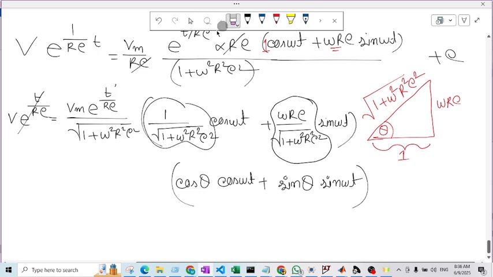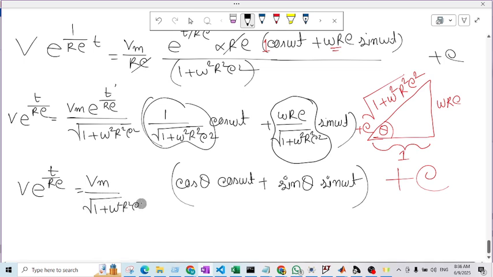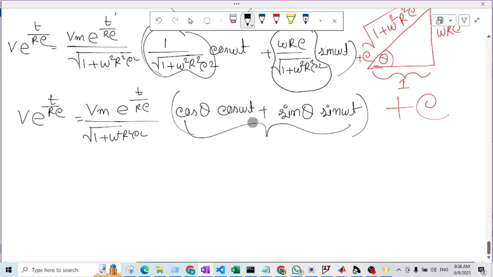Oh no, we can't write this now. Don't forget, here we have a c here, I didn't write it. So v e to the power t by RC, then Vm divided by root over 1 plus omega square R square C square, then e to the power t by RC.